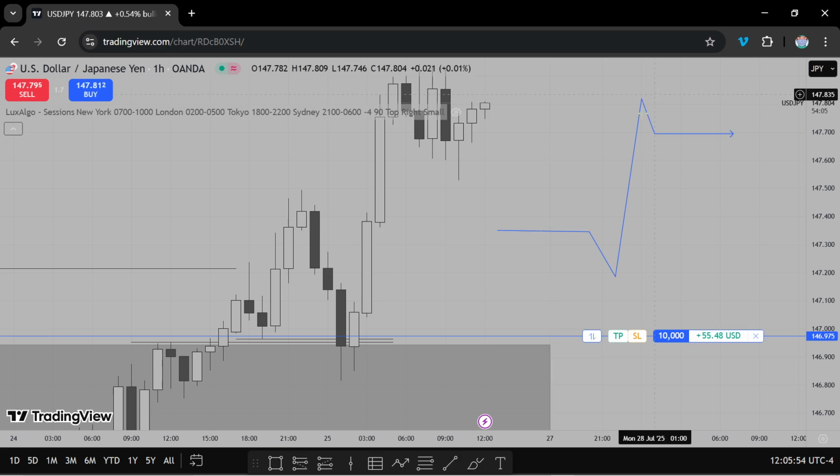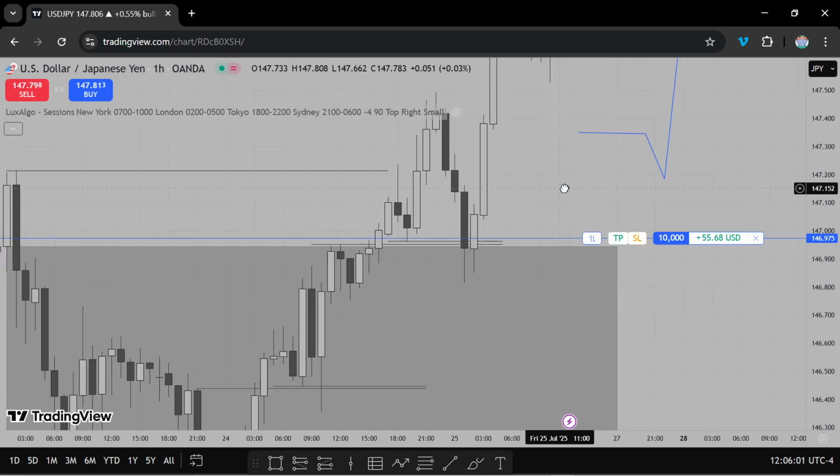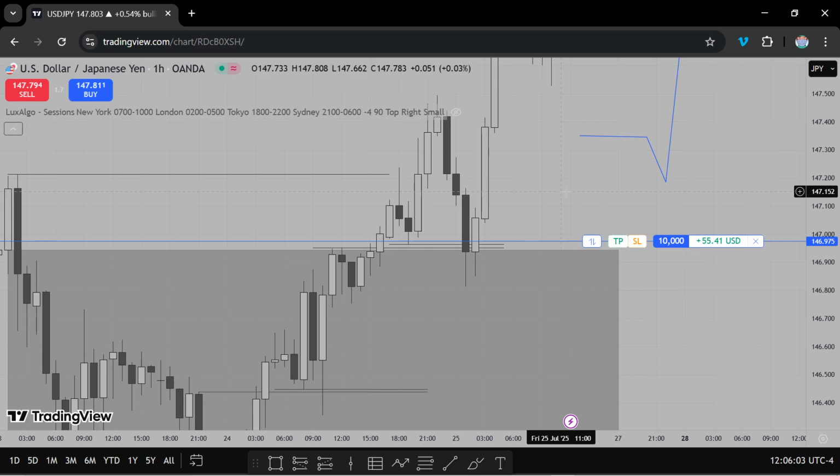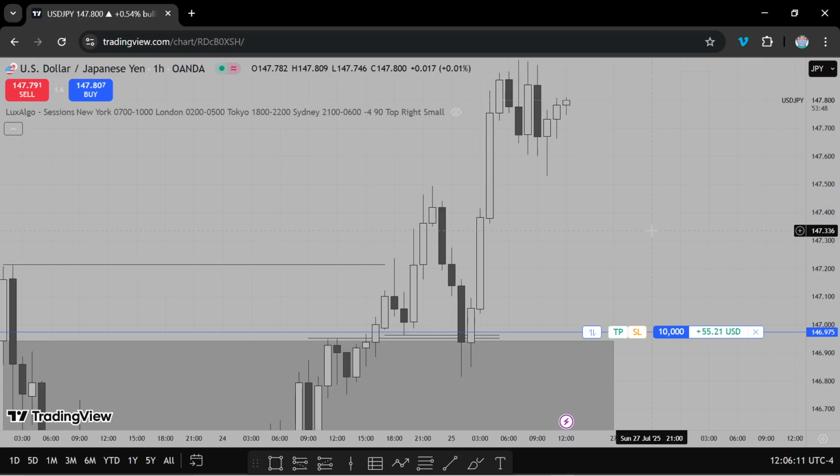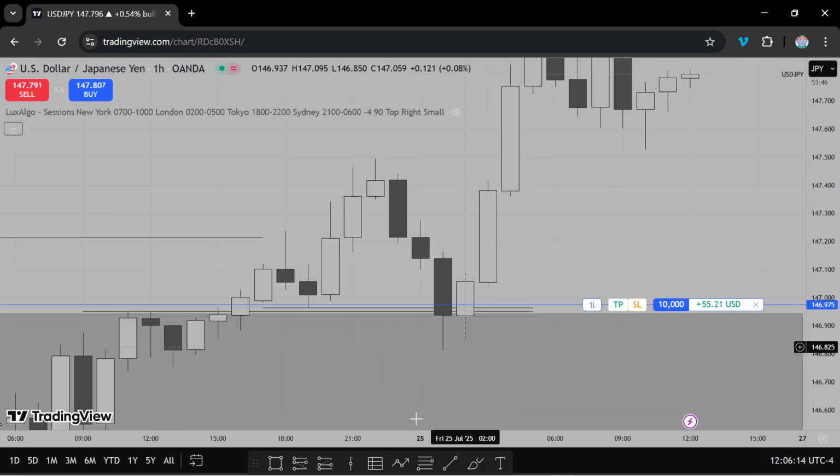All right, that is what I'm expecting to happen today on a Friday. All right, so we reversed on a Wednesday, and we're expecting to close higher. All right, cool. So we're going to mark out our power of 3 right here.